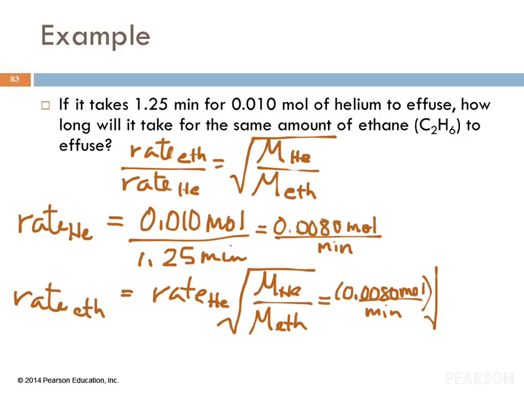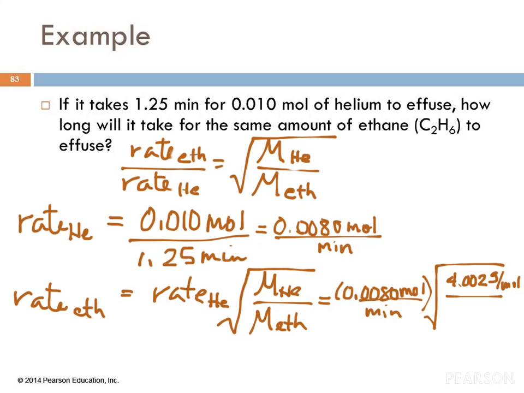And then what is the molar mass of helium? 4.002. Now this is the ratio of their masses, so if we do it in grams or in kilograms, it doesn't matter because it's going to cancel out. So grams per mole. How about ethane? Well, we've got 2 carbons times the mass of carbon, plus 6 hydrogens times the mass of hydrogen.